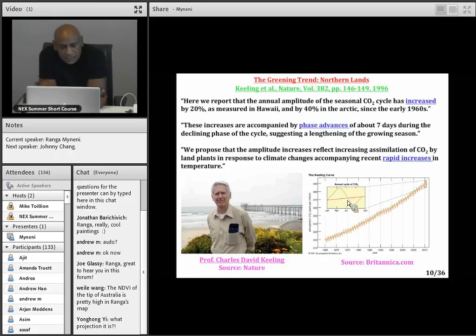And he wrote that we propose that this amplitude increase reflects increasing assimilation of CO2 by land plants in response to rapid increases in temperature. In a way, everything I'm going to say for the rest of my talk is refinement of these 3 sentences.